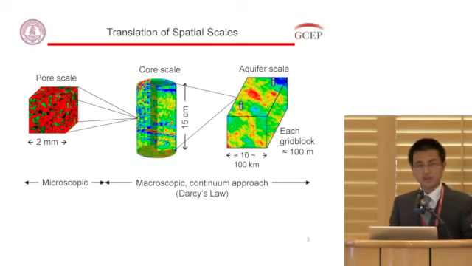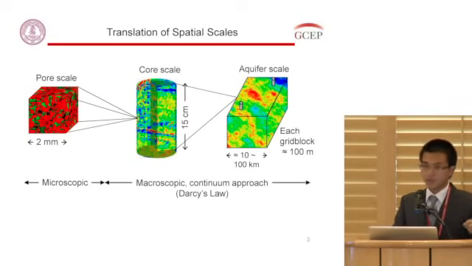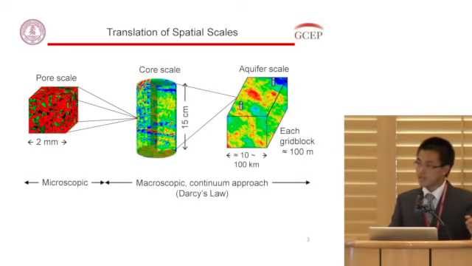However, in common industry practice in translating from core to aquifer scale, people usually ignore the small-scale heterogeneities inside the core. This means that some important physics may be lost during this translation. So our goal is to bridge the gap and preserve the important physics during the scale translation.